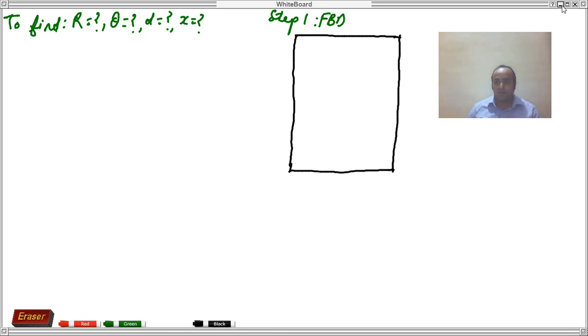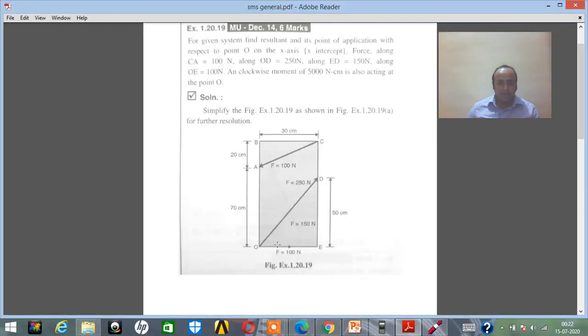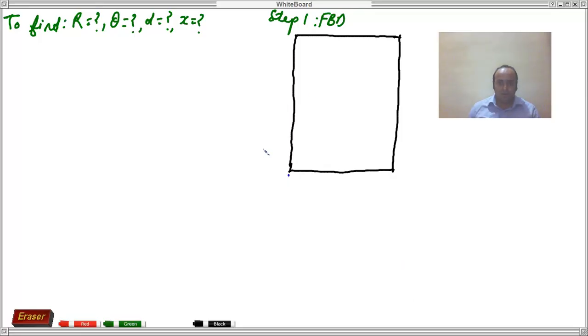You can see it over here: O, E, C, B, A and D. So now I can draw it: O, E, C, B. Here is the point A, and here is the point D.